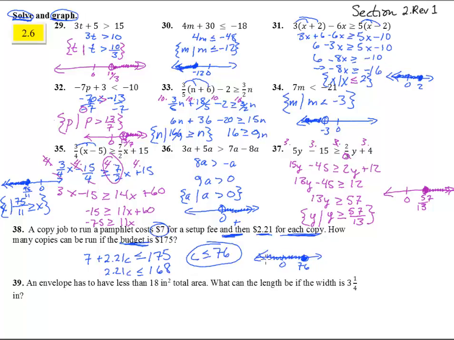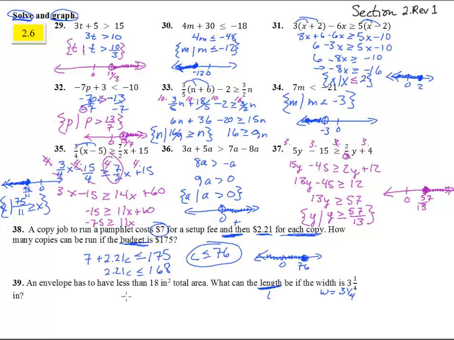There we go. Number 39. An envelope has to have less than 18 inches squared total area. What can the length be? So we're looking for length, L, if the width equals 3 1/4. So we know the area is length times width.